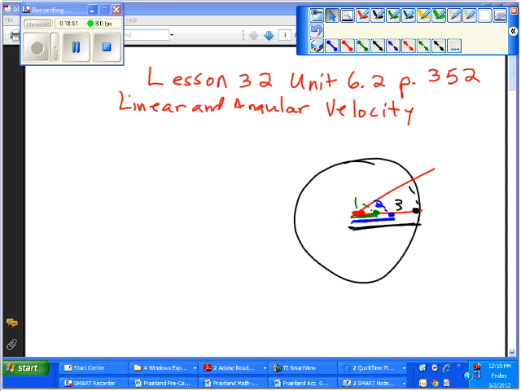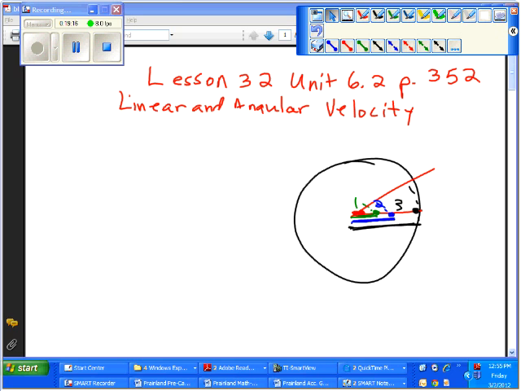Could you tell me just from right now a relationship between how fast they're going to be going as far as the distance traveled? Would you think that the blue dot is going to be going twice as fast as the green dot, and the black dot is going to be going 3 times as fast?